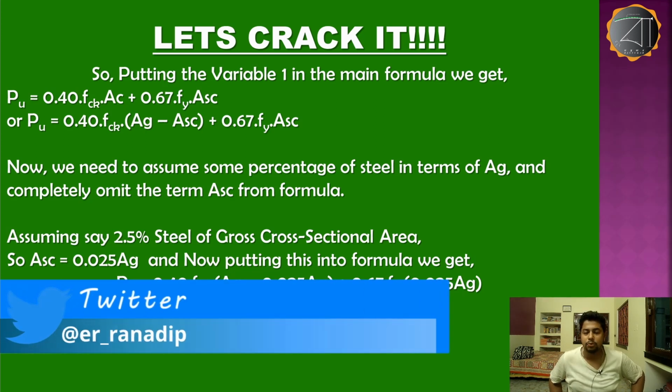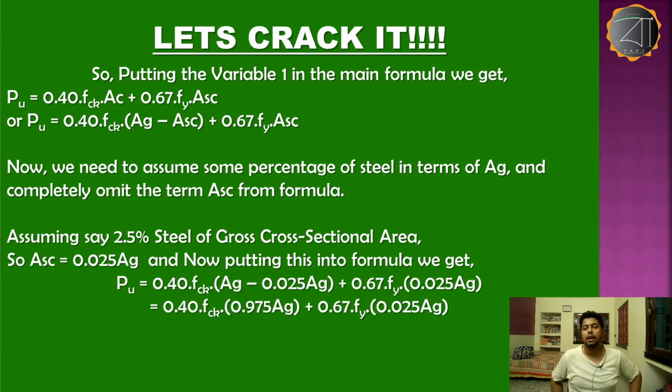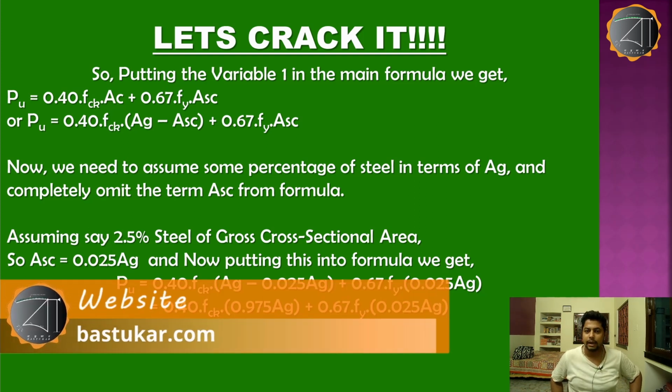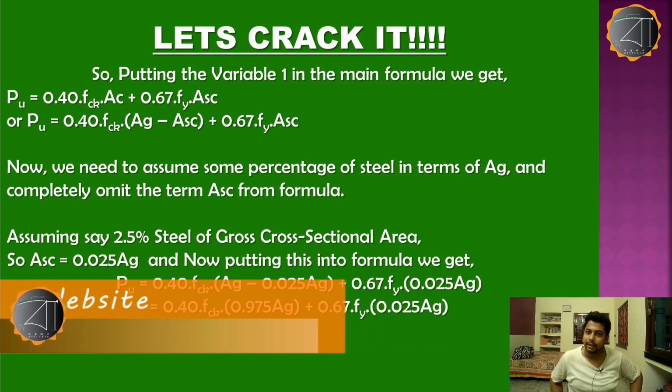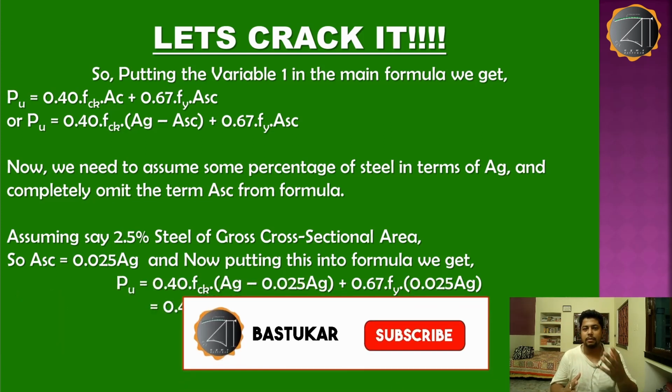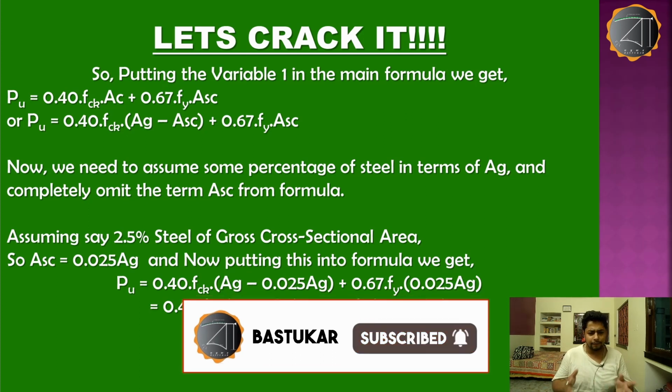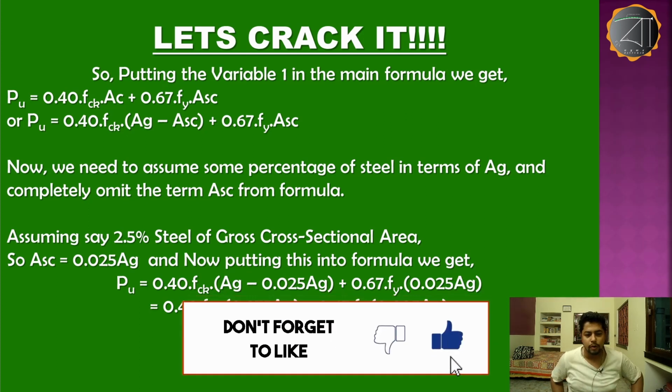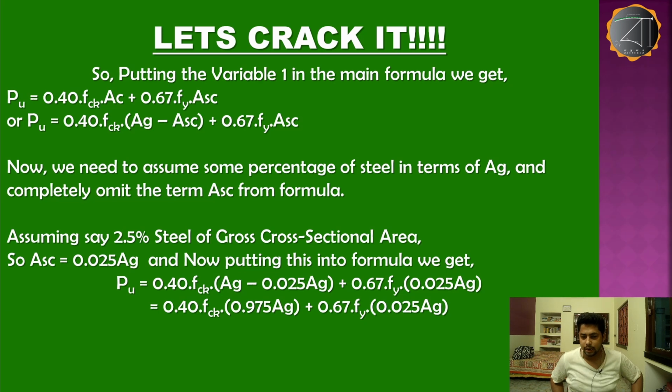That's why if we use a much higher percentage of steel, then the total size of the column will be reduced, and if we use a lesser percentage of steel, then the size of the column will increase. So we have to choose some optimum value, which I am coming to later on. For this case, assuming say 2.5% steel of gross cross sectional area, so ASC equals 0.025 AG.